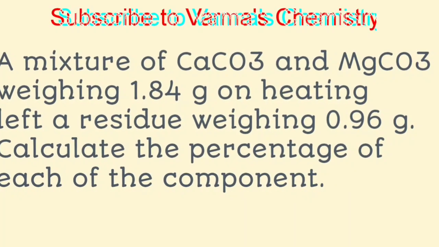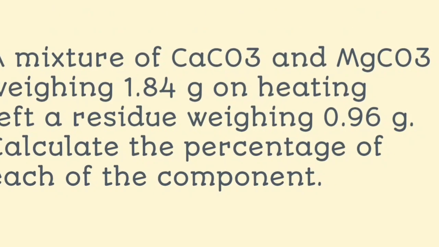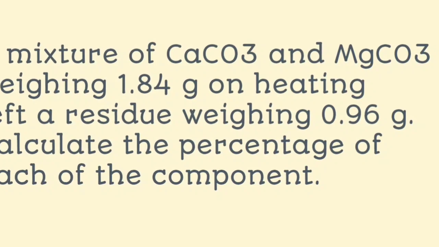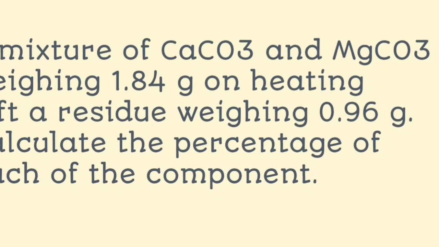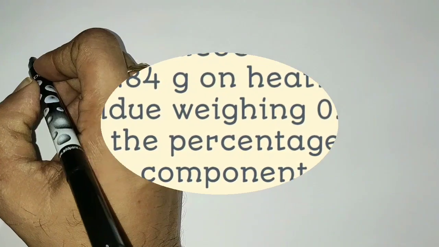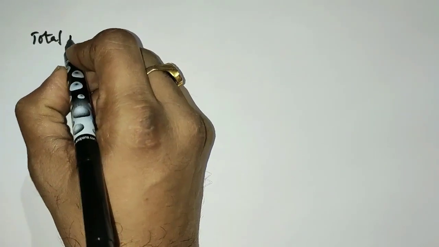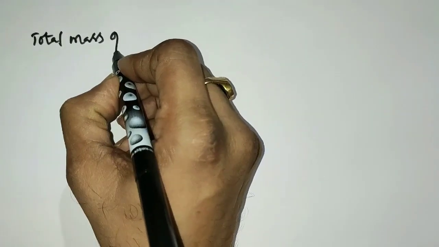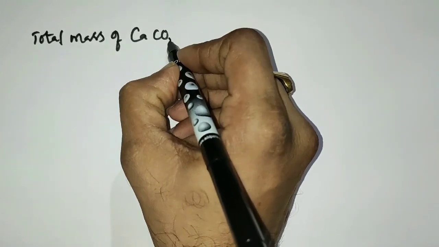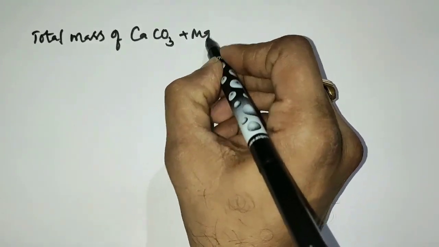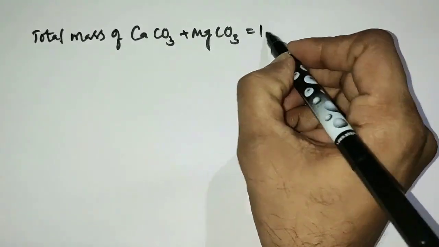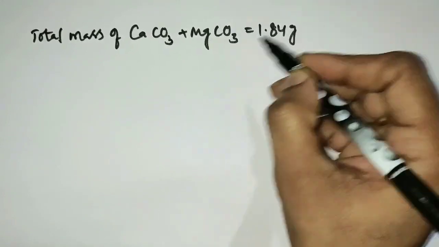A mixture of CaCO3 and MgCO3 weighing 1.84 grams on heating left a residue of 0.96 grams. Calculate the percentage composition. In the question, it is given that the total mass of CaCO3 and MgCO3 is 1.84 grams.